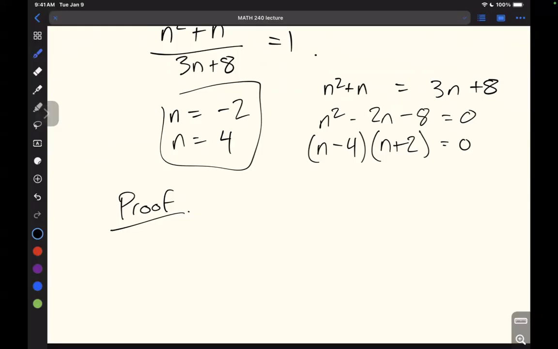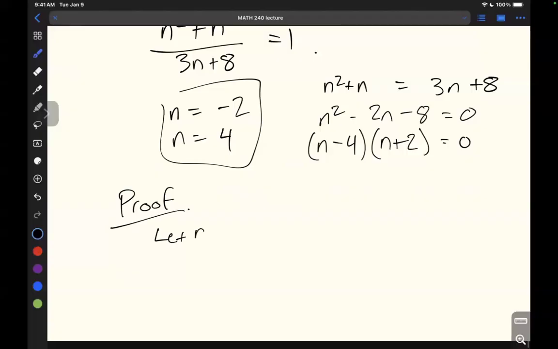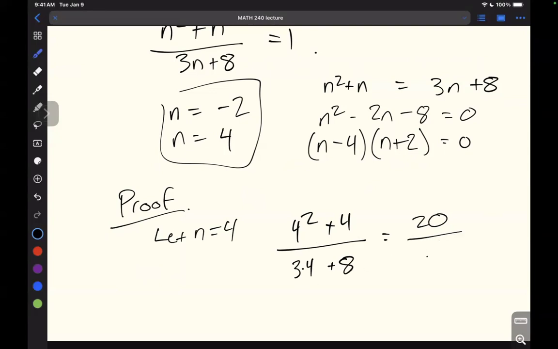So let n equal 4, and then you can plug it in: 4 squared plus 4 over 3 times 4 plus 8. 16 plus 4 is 20. 12 plus 8 is also 20, which equals 1. So that's an example of a constructive proof.